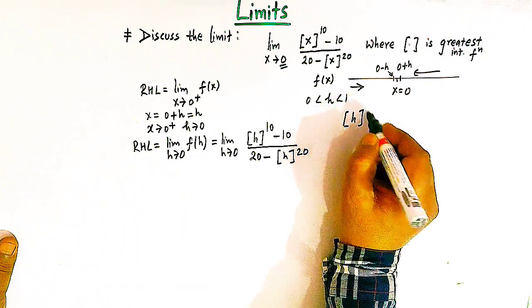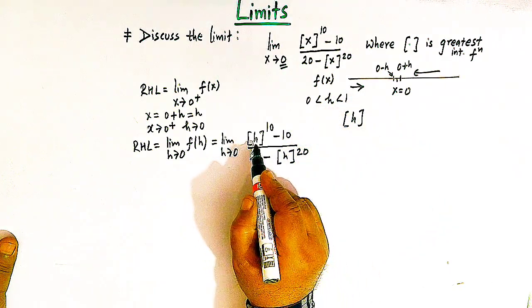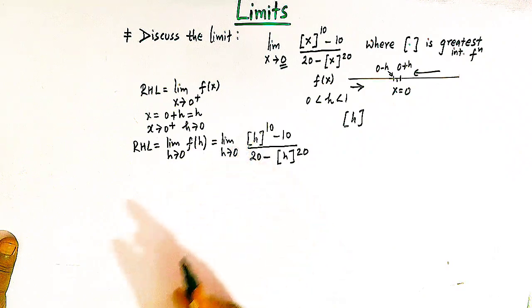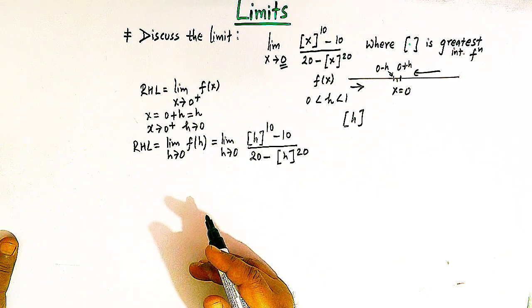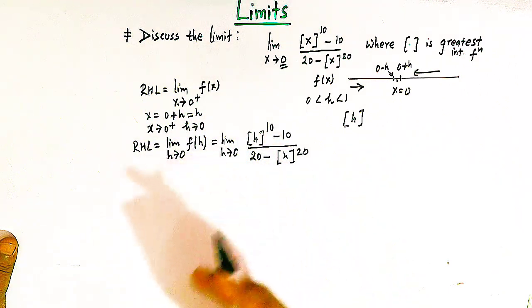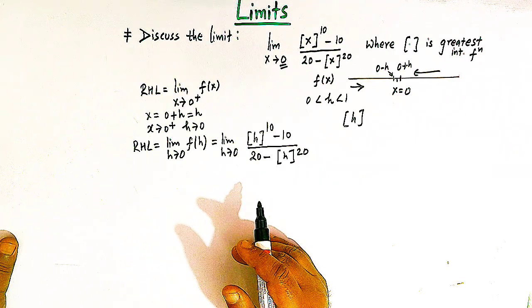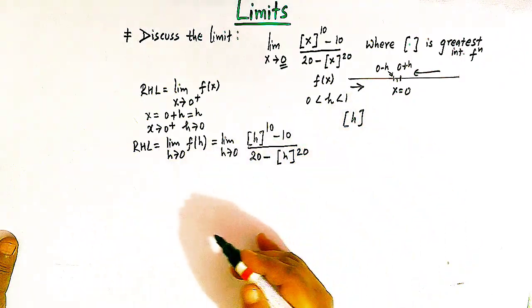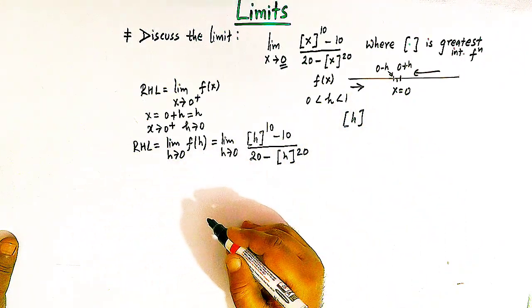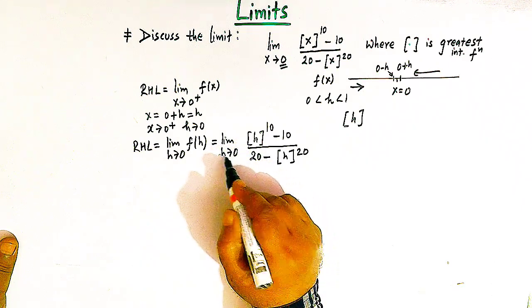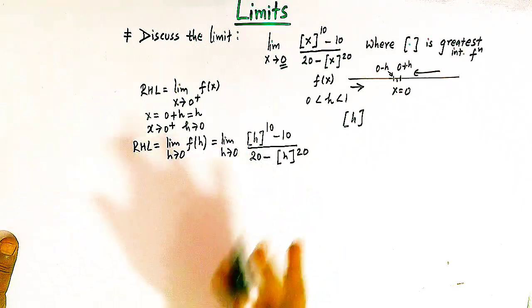Now this is an important quantity, and here we cannot directly substitute h equal to 0 as we usually do while solving problems based on limits of algebraic expressions. Whenever we encounter the greatest integer function or the fractional part function, we cannot directly substitute h equal to 0 as such.